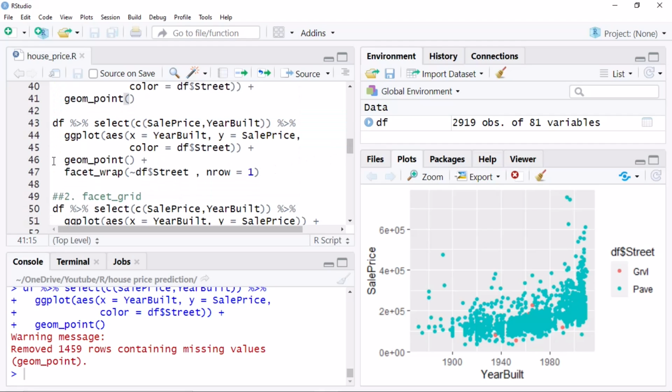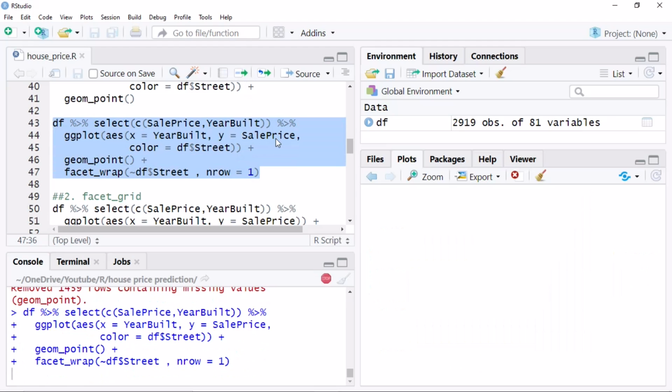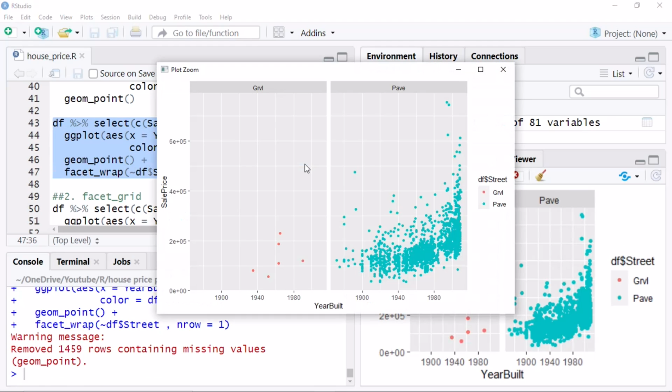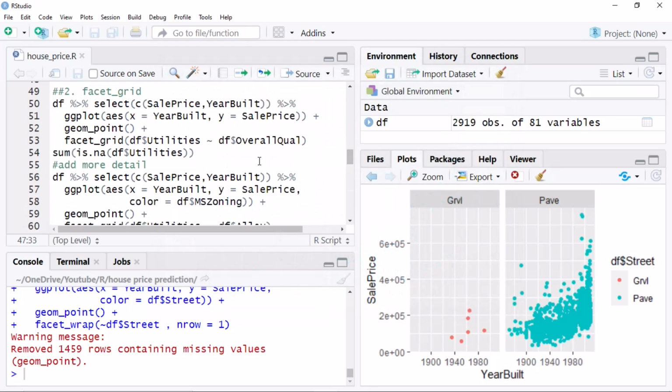Now I am using the facet wrap function. These things I explained in the slide. As you can see, this is very clear and understandable. Now I am using the facet grid function.